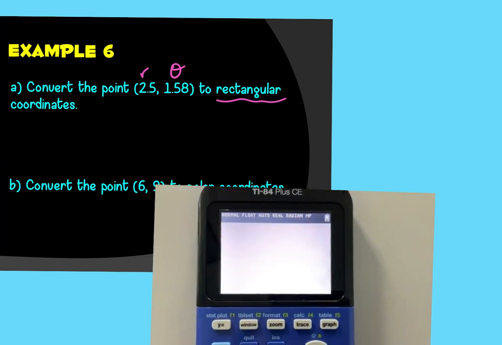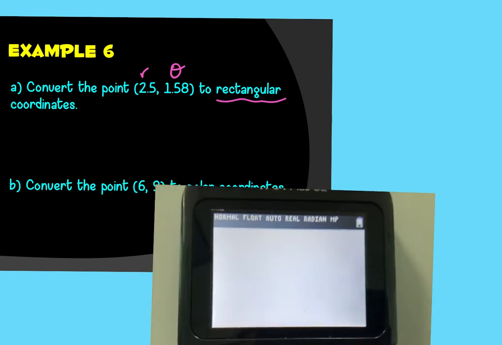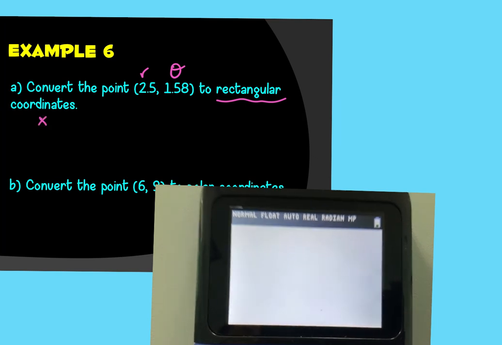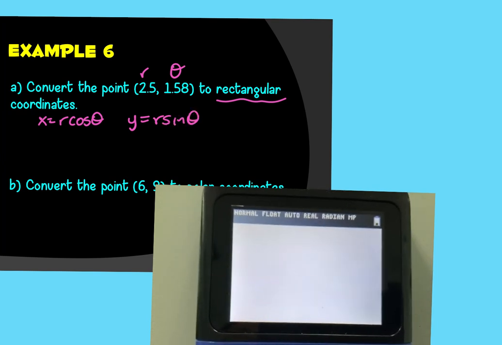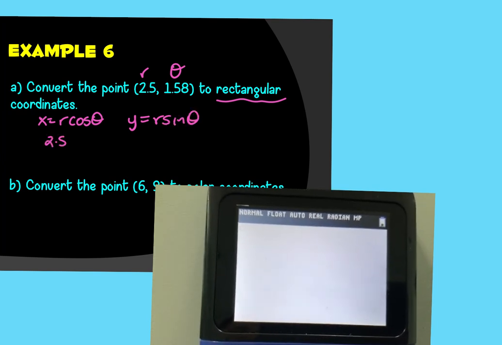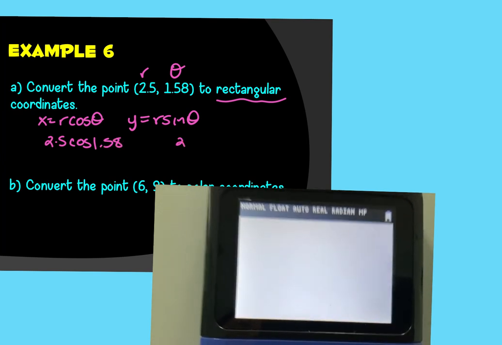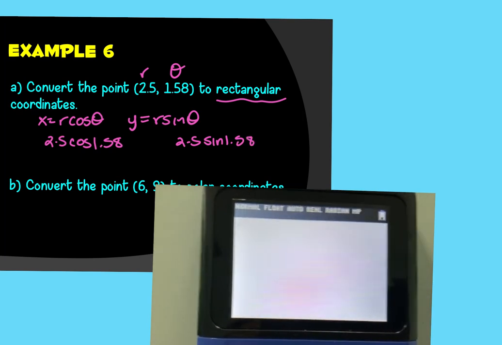One is all calculators can do what we've already done. To go from polar to rectangular, I would say that x equals r cosine theta and y equals r sine theta. So I would do 2.5 times the cosine of 1.58, and then 2.5 times the sine of 1.58.